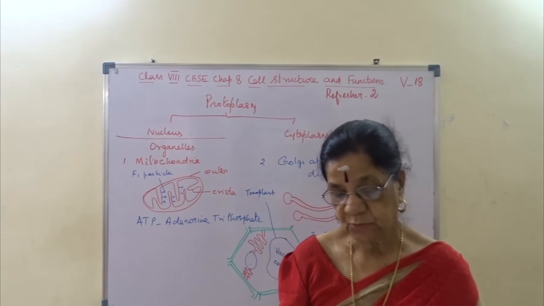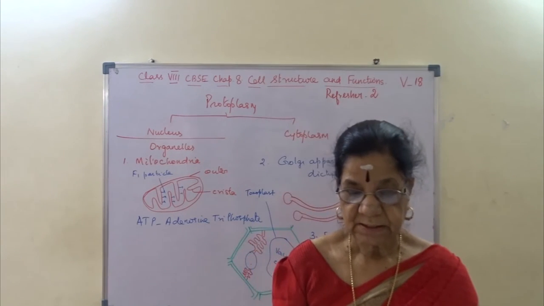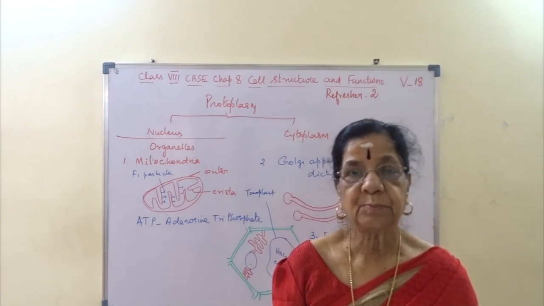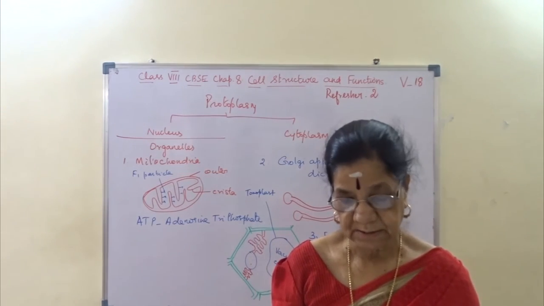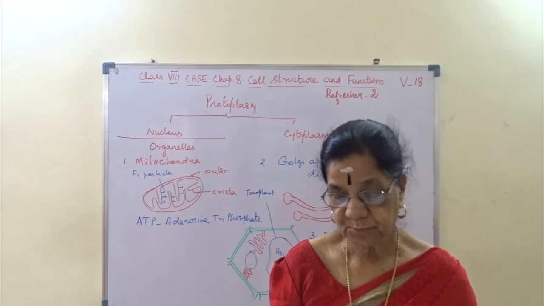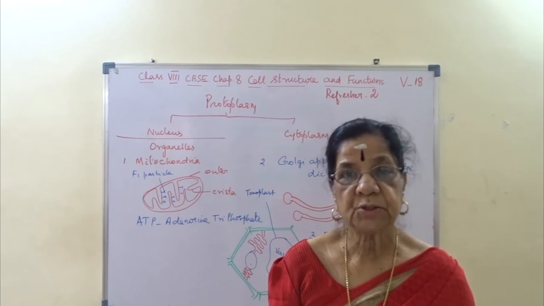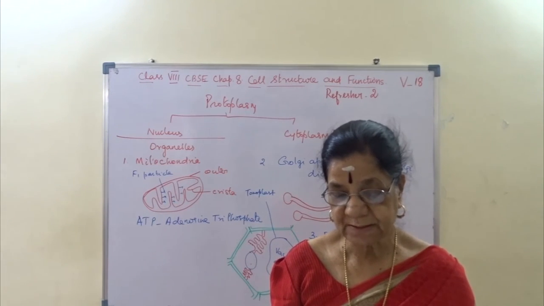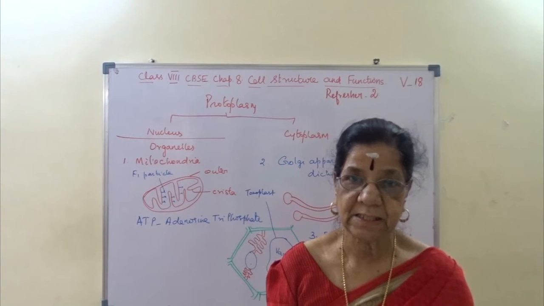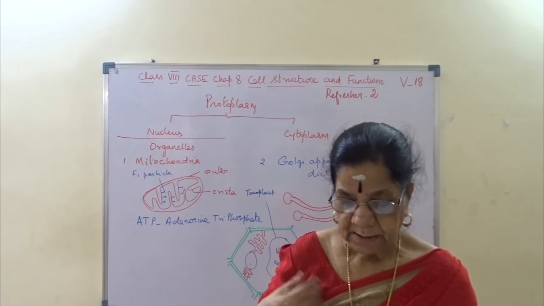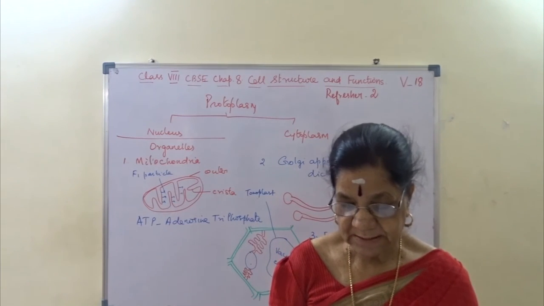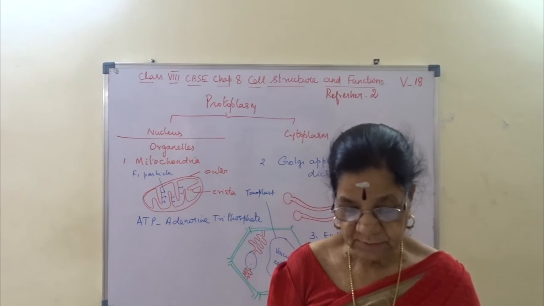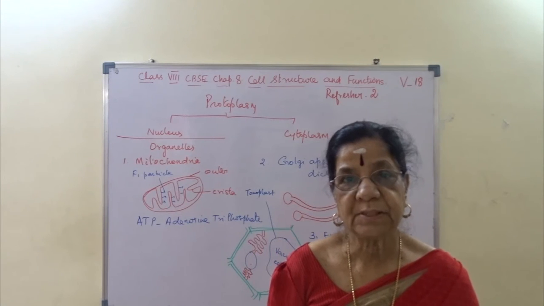Large fluid filled sacs called vacuoles are found more in plant cells than in animal cells. Mature plant cells have one large vacuole that almost fills up the entire cell. They play an important part as contractile vacuole, where excess water and waste are excreted from the cell.